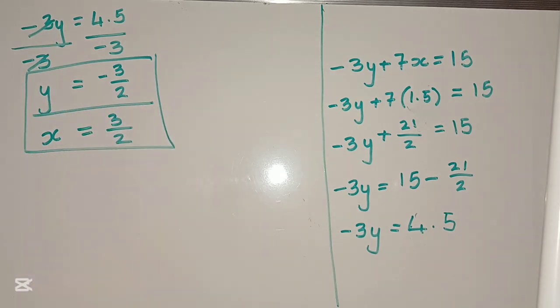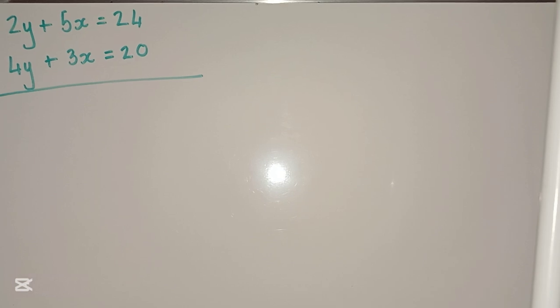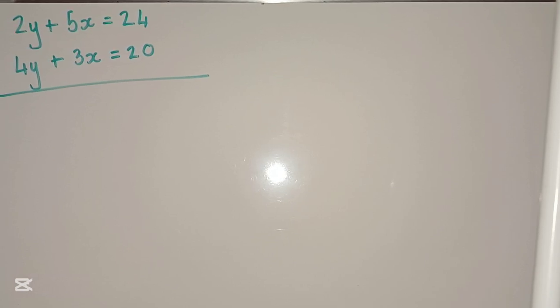In this last example, we have two unknown variables, y and x. The first step is to decide which variable you are going to eliminate, and I have decided to eliminate variable y. So I have to make sure that my coefficients of y are both the same.